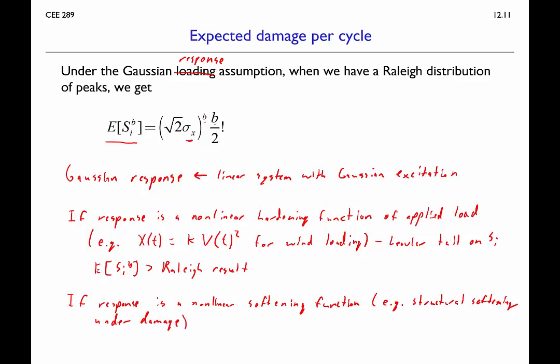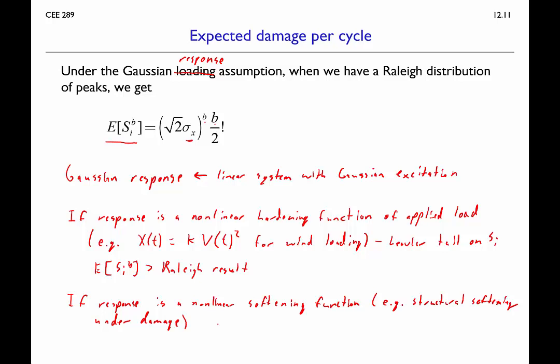So here I'm thinking about pushover curves, say for a building under earthquake loads, where as damage starts to accumulate, the stiffness of the system gets reduced. So then the forces in the system will be lower at the extreme upper level relative to a linear system.